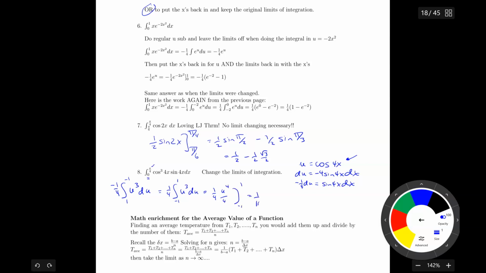So I get 1/16, and I'm not putting the x's back in. I'm going to take 1 to the 4th power, and then subtract off negative 1 to the 4th power. So that gives me, oh my goodness, 0. All for nothing.